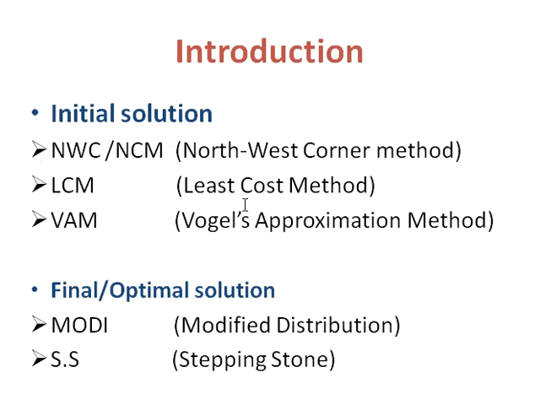Another is LCM, the least cost method, and the third is Vogel's approximation method, the VAM method. After finding the initial solution using any one of these techniques, we can go for the optimal solution, which can be obtained by either the modified distribution or the stepping stone method.